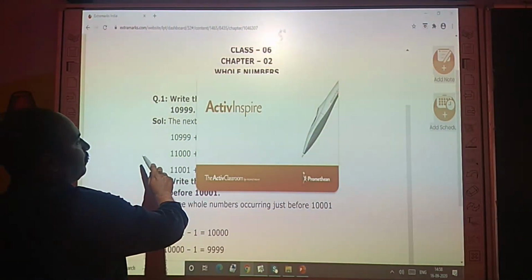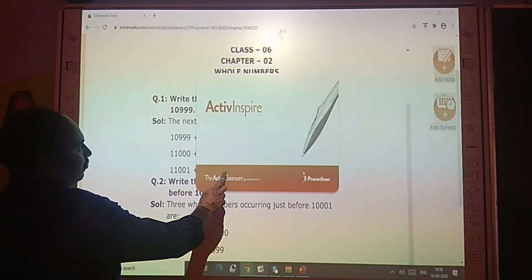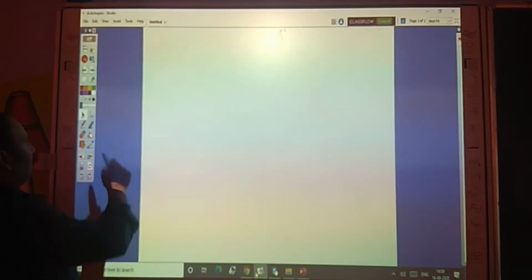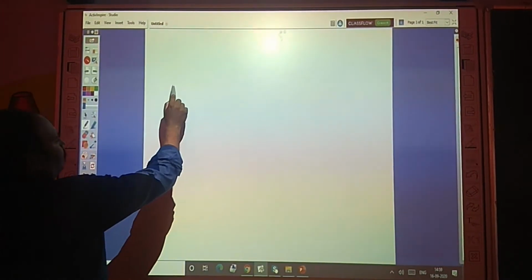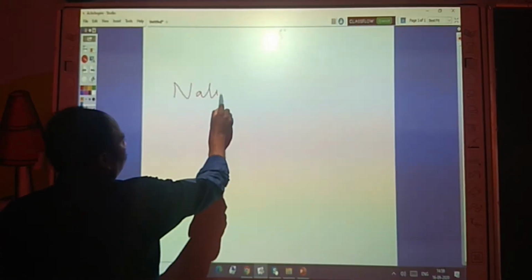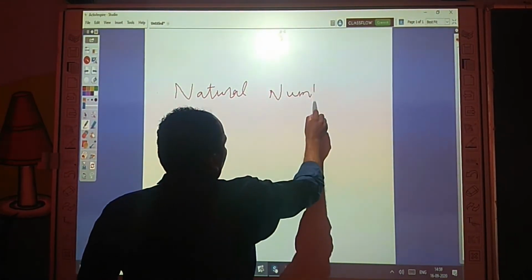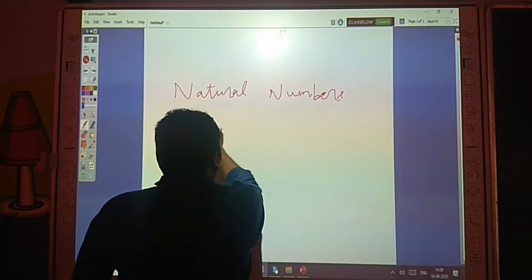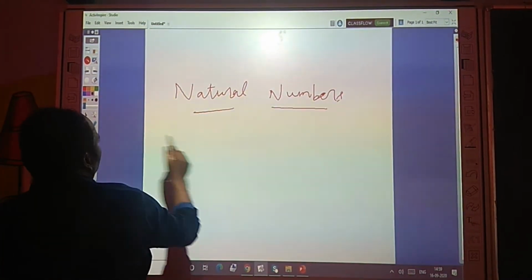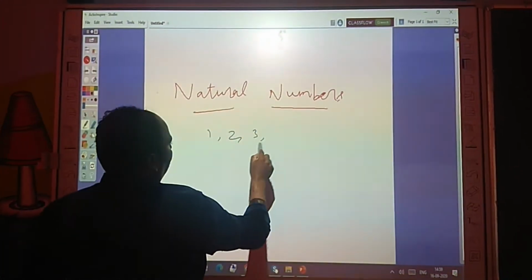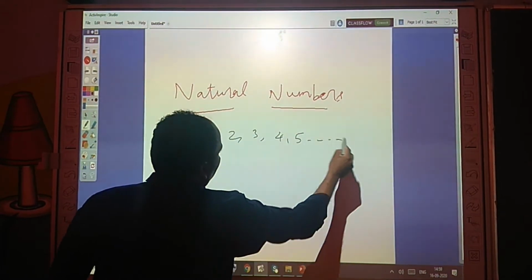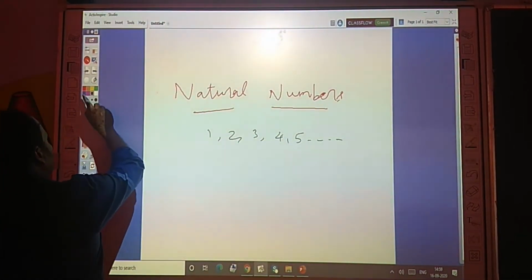Question number 1. Natural numbers are 1, 2, 3, 4, 5 and so on.